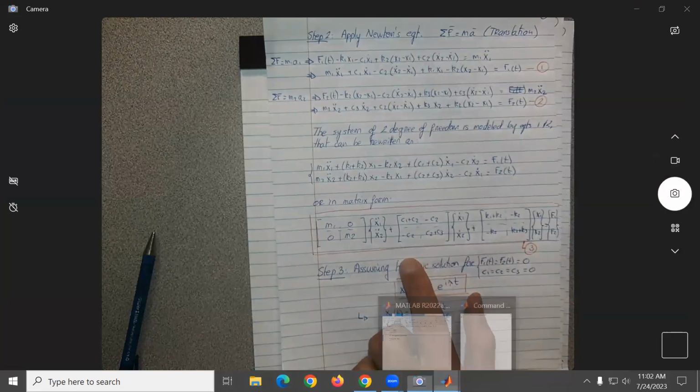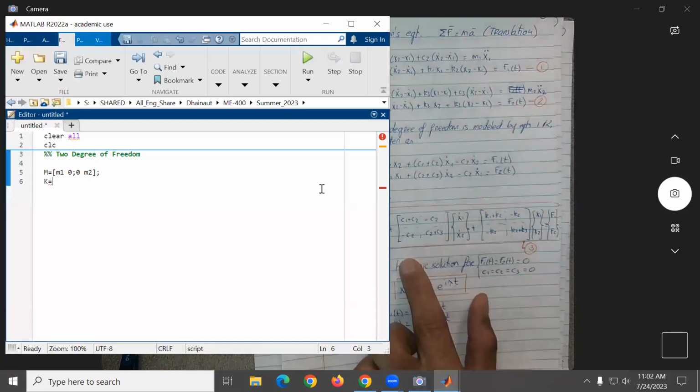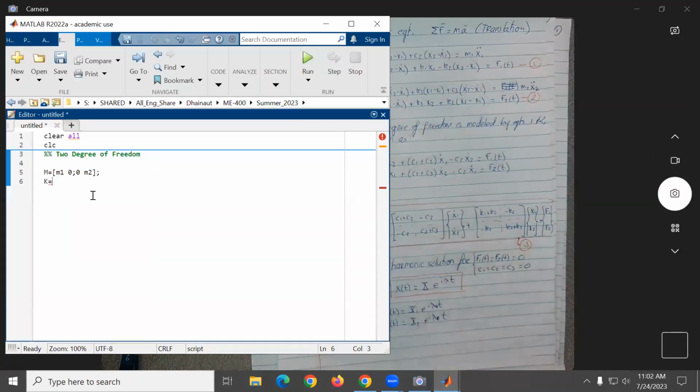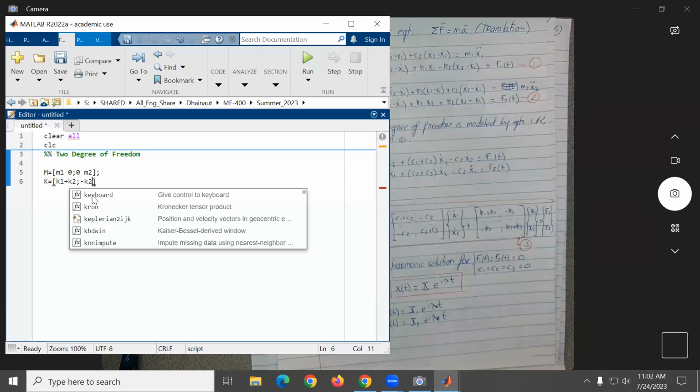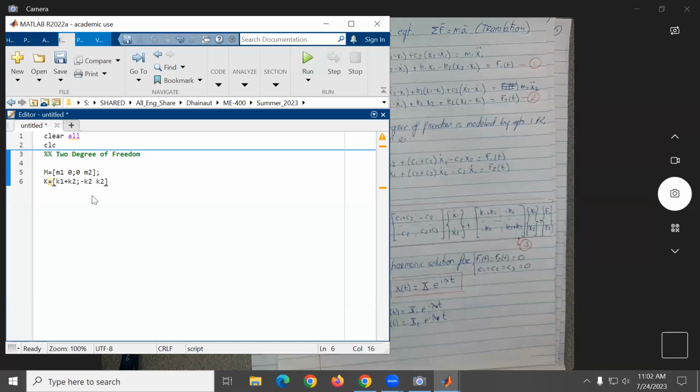So I'm going to have K equal to K1 plus K2, negative K2 in the first row. Let's make it general. The second row would be negative K2, then K2 plus K3. Yes, you have a question? It would be K1 plus K2, oh yeah, minus K2. Correct. We can leave this.